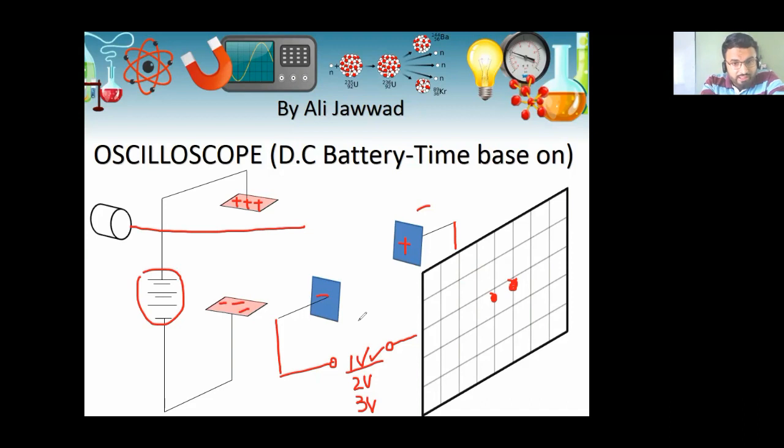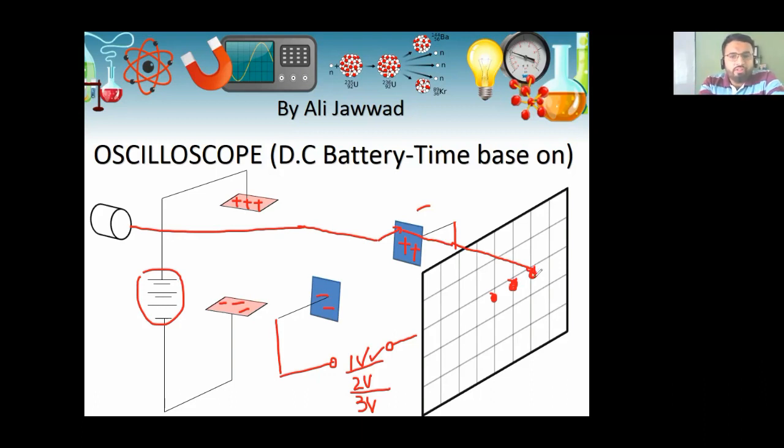However, for the third electron, which is the second in the time base sequence, there will be an increase in voltage on the horizontal plates. Now there will be 2 volts. So when the electron comes in between these 2 plates, it will deflect by more amount toward the plate. And when it continues its path, it is going to hit somewhere here.